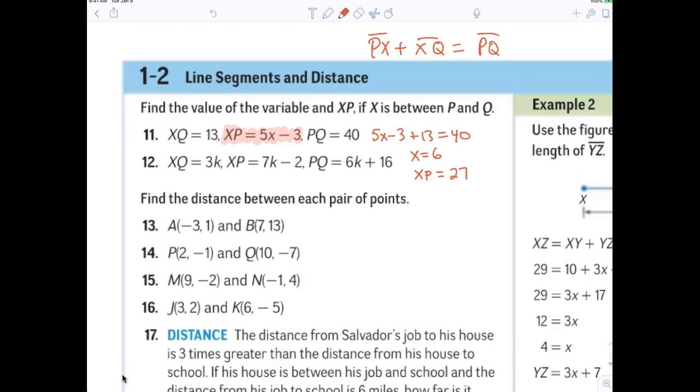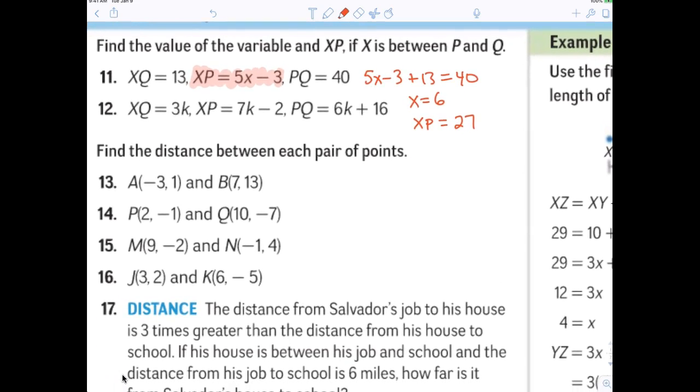Now let's talk about 12. Somebody write the equation for number 12 for me. 3k plus 7k minus 2 equals 6k plus 16.